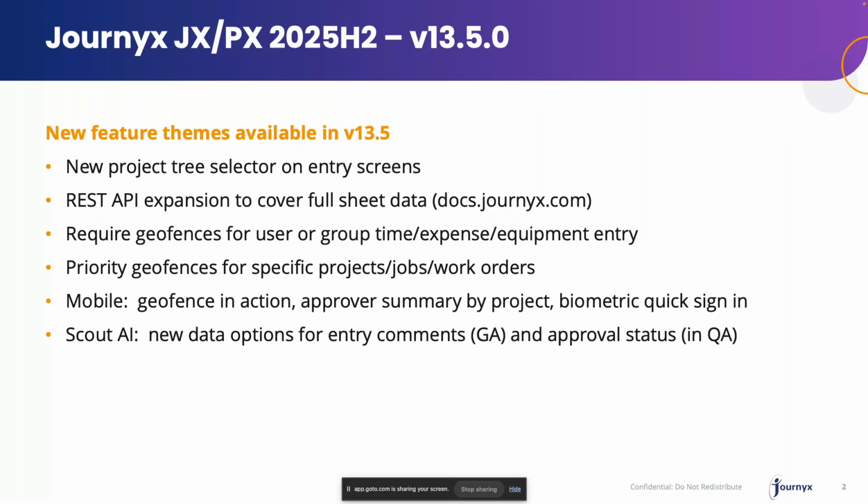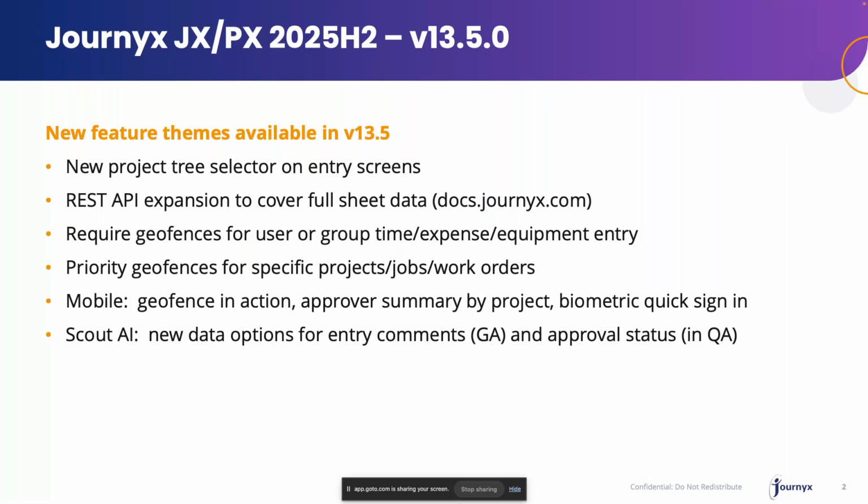But coming tomorrow, we'll be publishing the new full sheet support in the REST API, and that is really the biggest gap between the old SOAP classic API and REST API to date. So it's going to fill the gap for REST API and will allow those of you who push and pull data using the API to potentially move over from that SOAP API to REST for the things that you need to do.